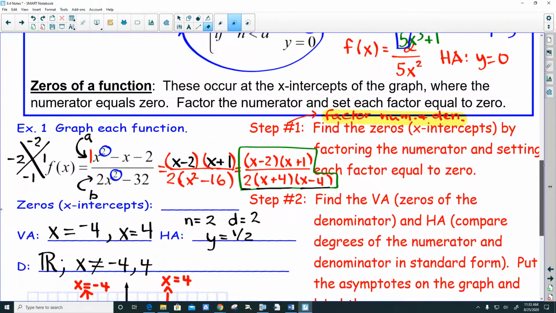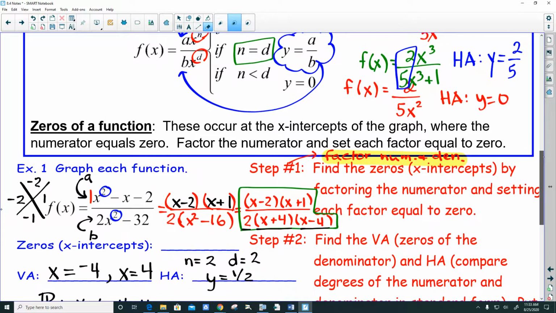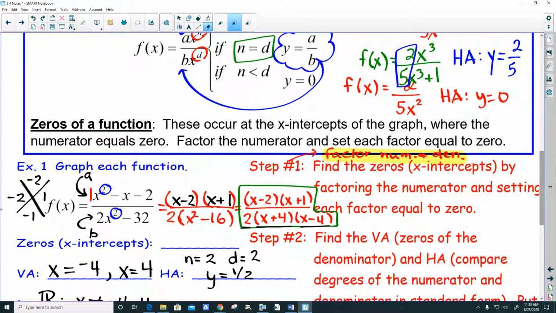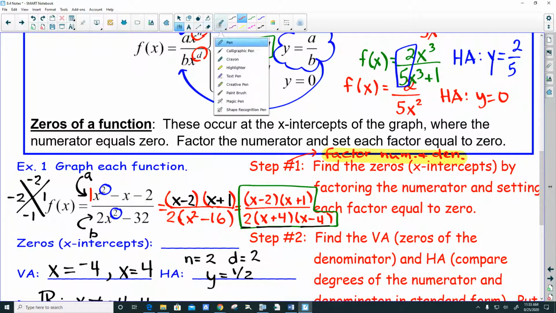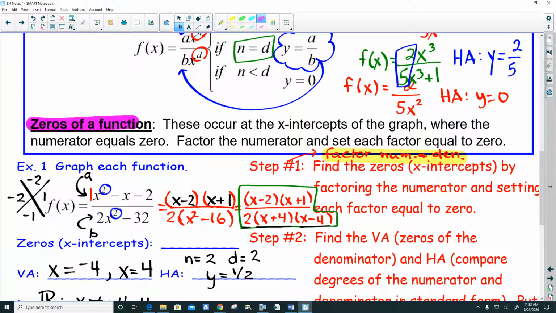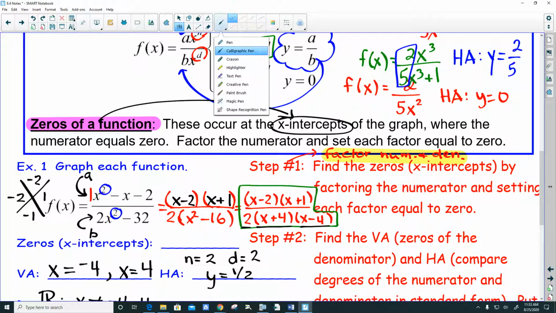The other blank that we just need to answer is what the zeros of the function are. Okay, so the zeros, again, are assuming that you have already factored your numerator and denominator. By the way, zeros is just another synonym for x-intercepts, like where this graph is going to cross the x-axis.